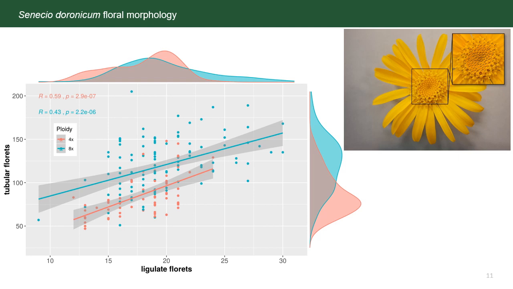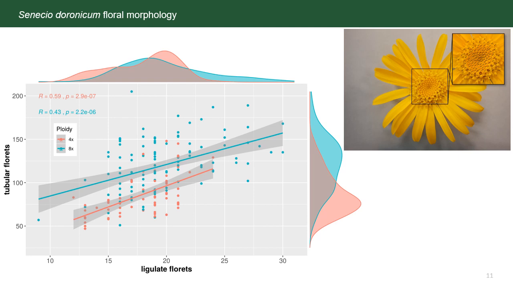Still on morphology, we were interested in the relationship between the two types of florets in Senecio doronicum capitula. As you can see on the density plot on the right, the tubular florets were more numerous for octoploids than for tetraploids. However, the number of ligulate florets remained more or less the same between the two ploidy levels.